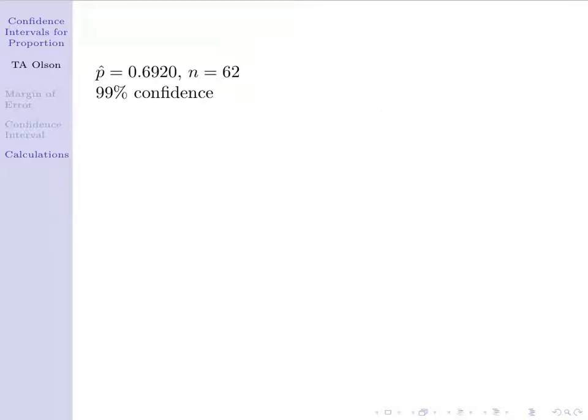All right, so our P hat was 0.6920, our N was 62, and we're asking for a 99% confidence level. Our critical value for 99% confidence level is 2.576. Okay, so that's the thing that's going to go in our margin of error.